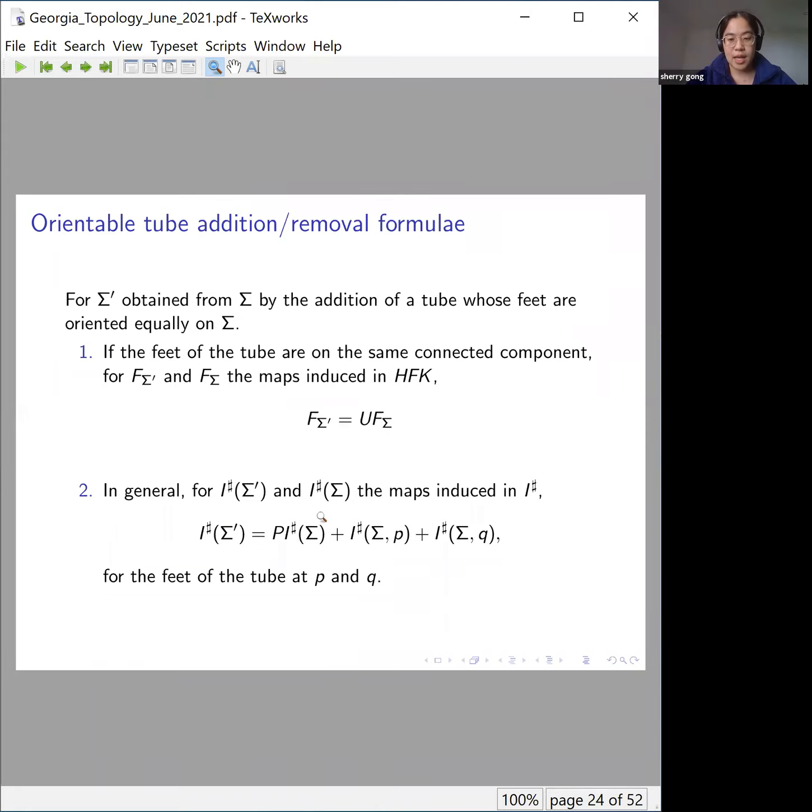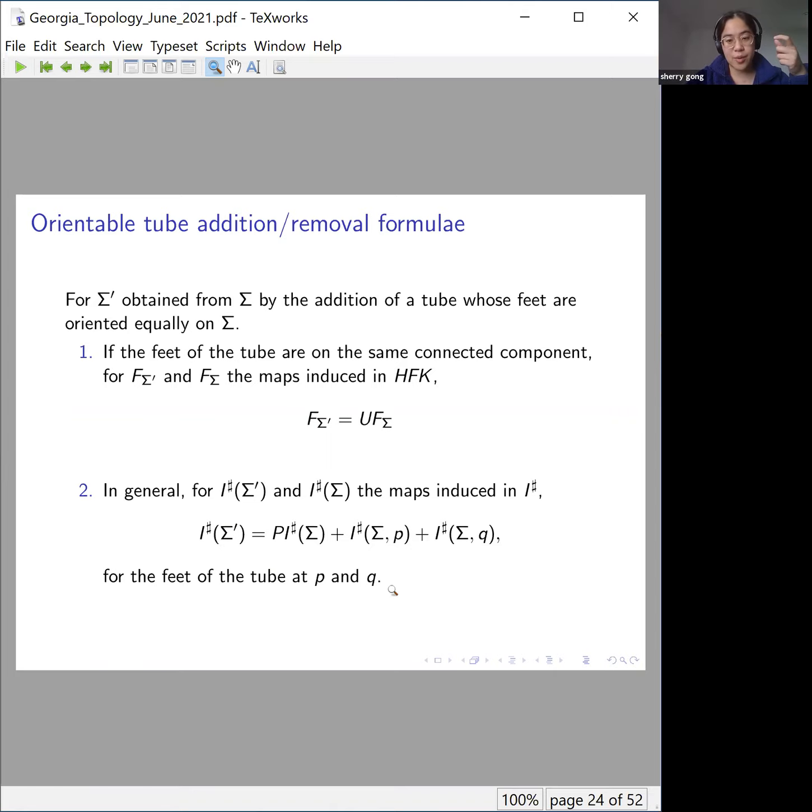In that case, where sigma prime is sigma with an extra tube between p and q, the map induced by sigma prime is p times the map induced by sigma, plus the map induced by sigma with an extra dot at p, and the map induced by sigma with an extra dot at q.